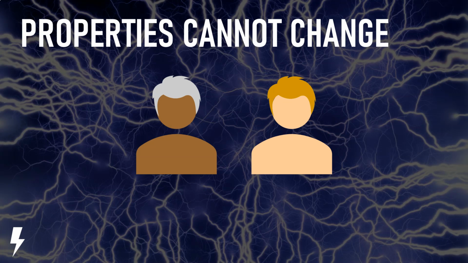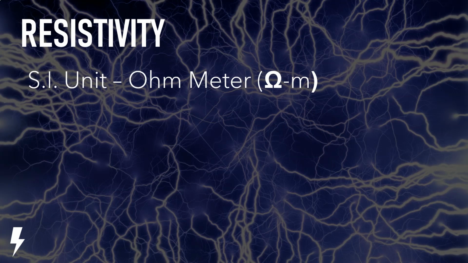For example, in these two people right here, their skin color and hair color are physical properties that cannot change. They cannot be influenced by length, environment, or any other factors. Similarly, physical properties such as the hardness, brittleness, malleability, and ductility of metals cannot change easily. And resistivity is one of those properties that cannot change or vary.